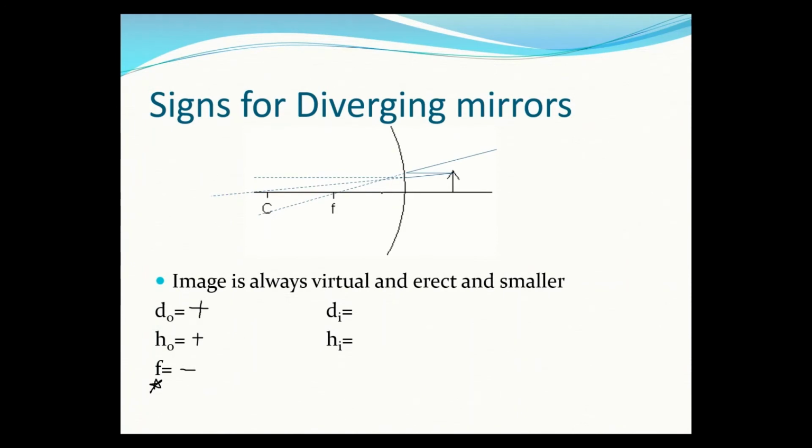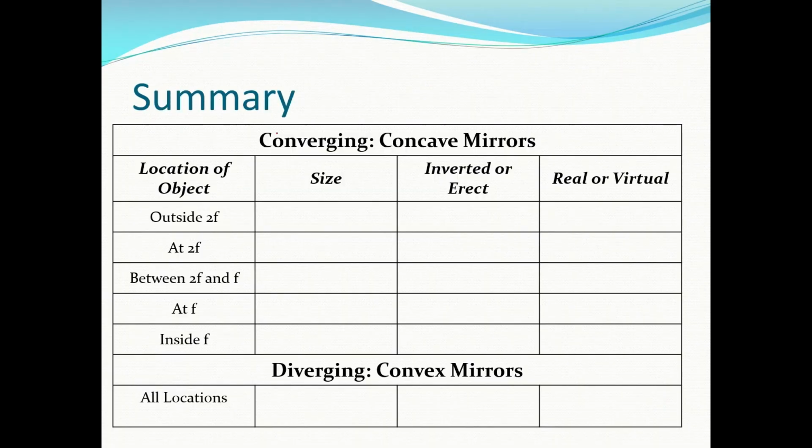And since we produce an image over here, the distance to it is going to be negative, but since it's erect, its height is positive. These are really important, and you've got to make sure you remember that this focal length is negative with diverging mirrors. So this chart is something you should memorize and will help you on your test.